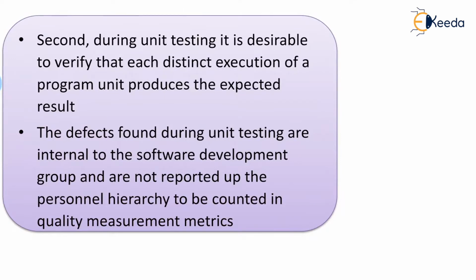Now, the third point: the defects found in unit testing are internal to the software development group and are not reported to the personnel hierarchy to be counted in the quality measurement matrix. The defects which come up, which are encountered, are referred to the quality assurance team.